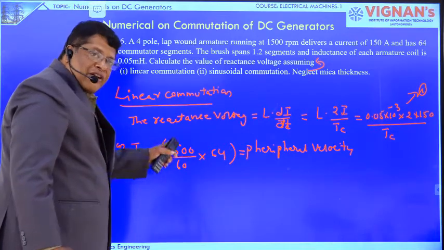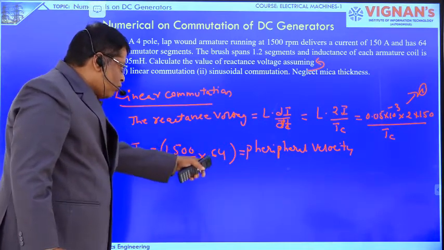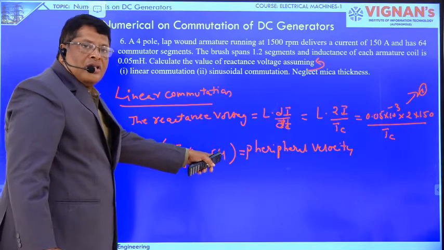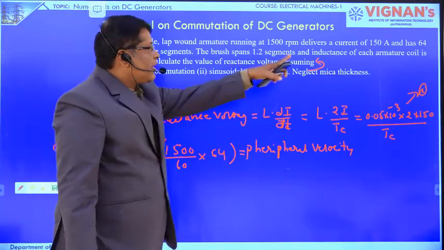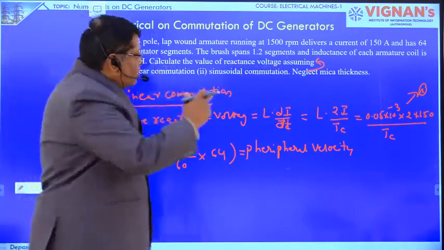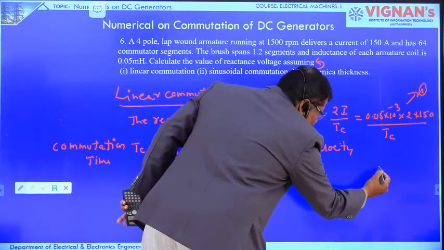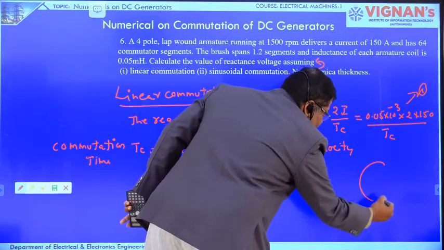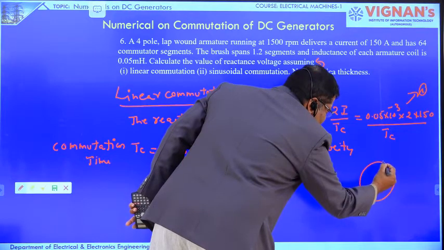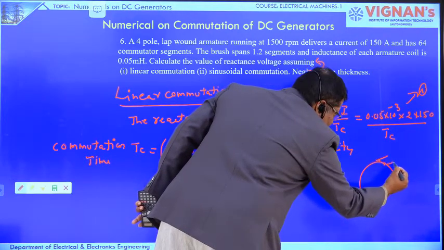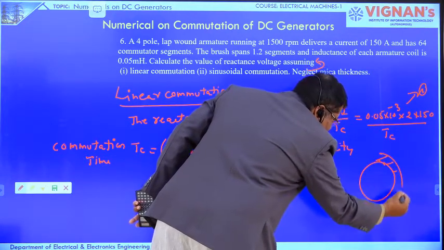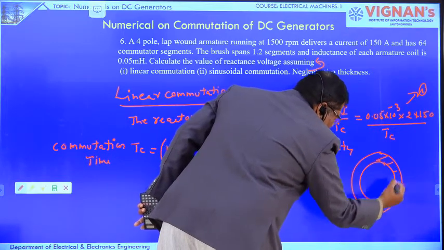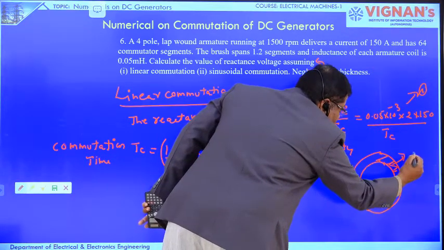1500 revolutions per minute, into the number of segments in a commutator. Suppose this is the commutator. How many segments are there here? In this manner, the segments are there. 64 segments are given.